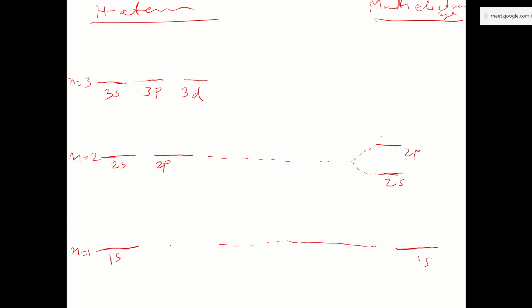In a multi-electronic system, this is what has happened. Why is this happening? Then we have 3s, 3p, 3d.